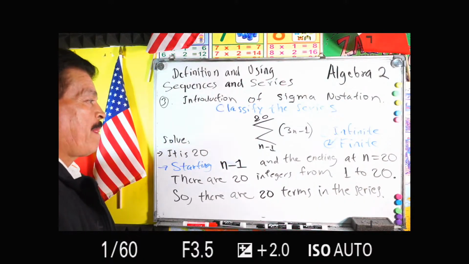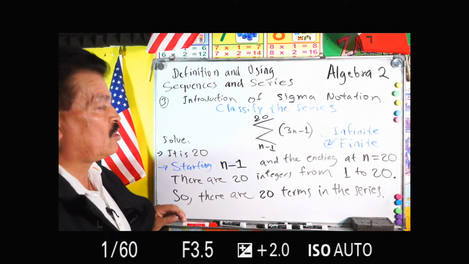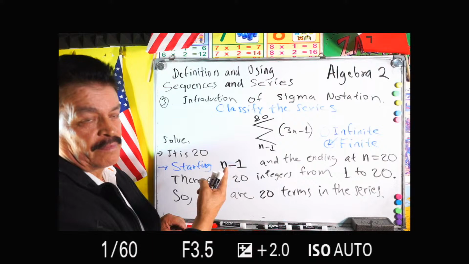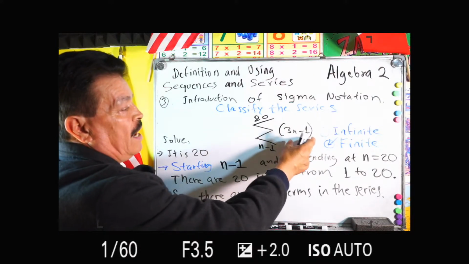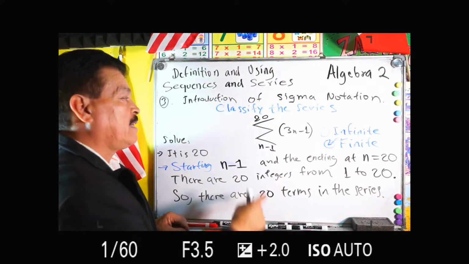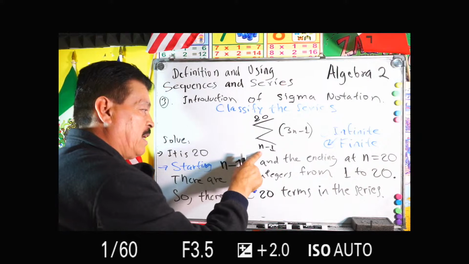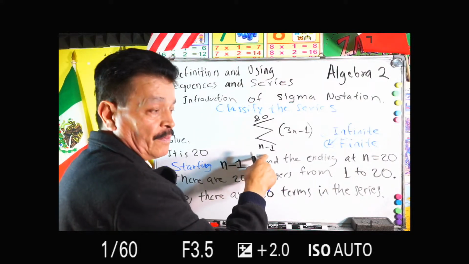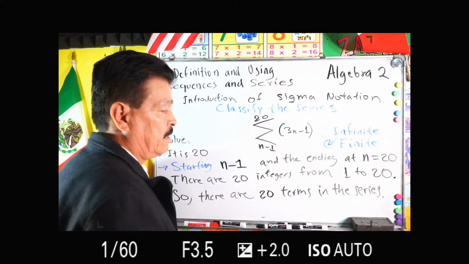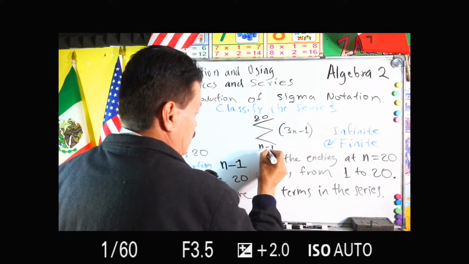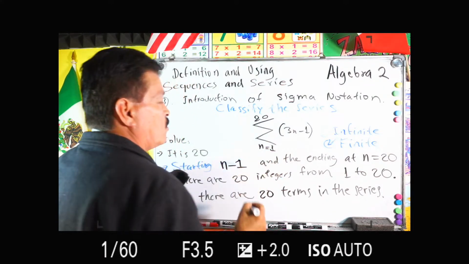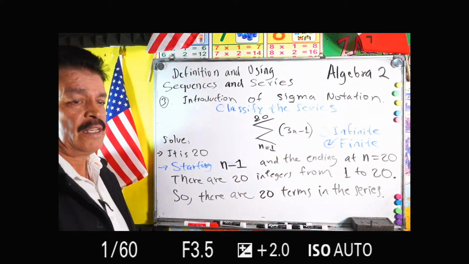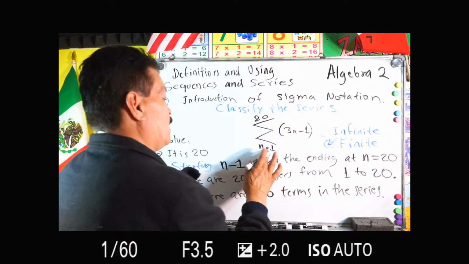Remember, this is your formula, and then start with this number. It's n equals 1, right? Sorry, right there. n equals 1. This means equals.